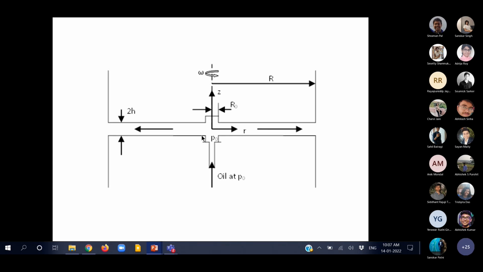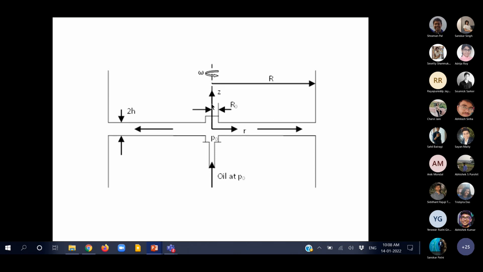Here what we are doing is essentially a problem of momentum transfer, where we would like to see what the velocity profile is in such a case, but more importantly, from an application point of view, what kind of load this top moving plate can take on.